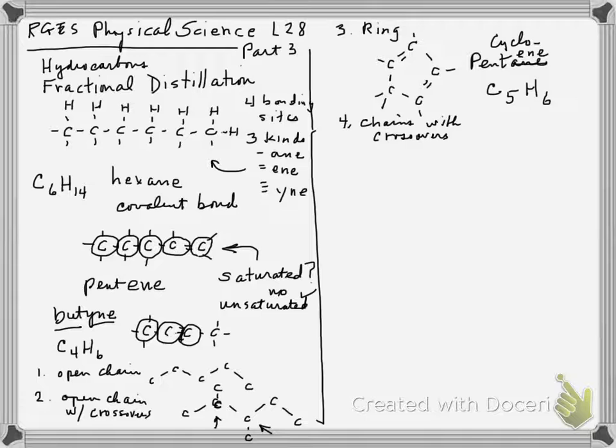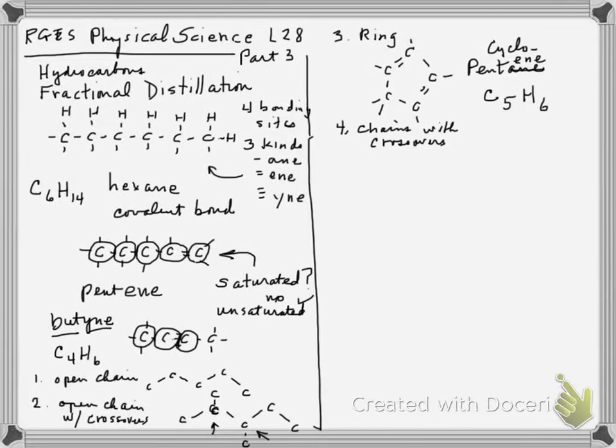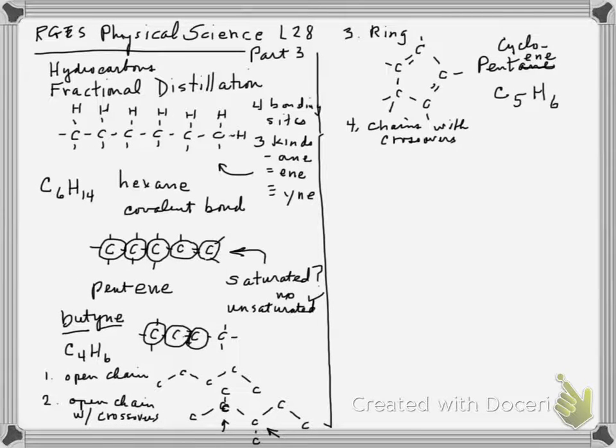Here's a chains with crossovers. So let's kind of show you what that looks like. All right, here we go. See. So you have one chain. That's a 5-carbon chain. And you have another chain.